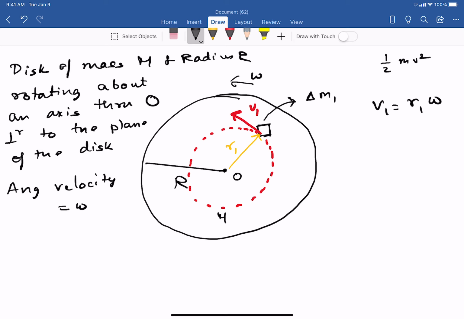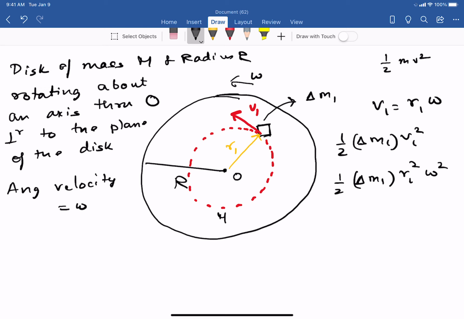So we found the velocity of this little segment, delta m1, and its kinetic energy would be half delta m1 v1 squared, which is half delta m1 r1 squared omega squared, right? Okay, so we've successfully found the kinetic energy of one little segment.